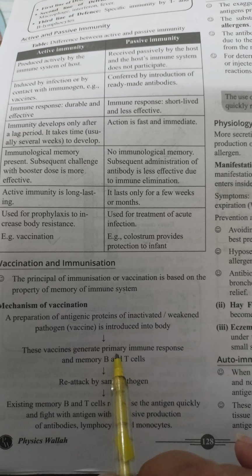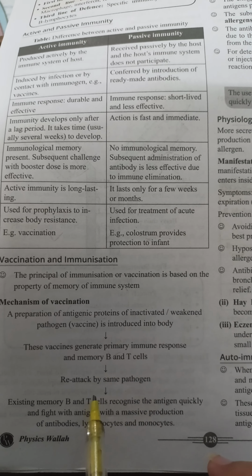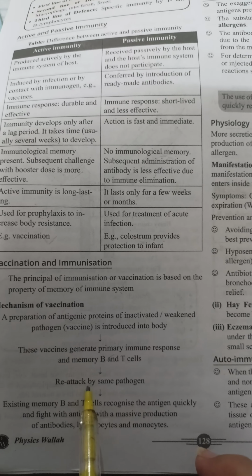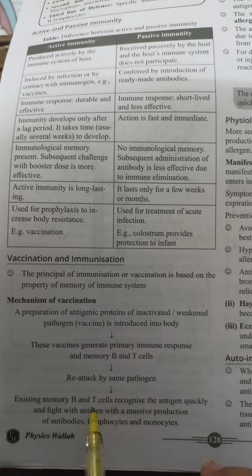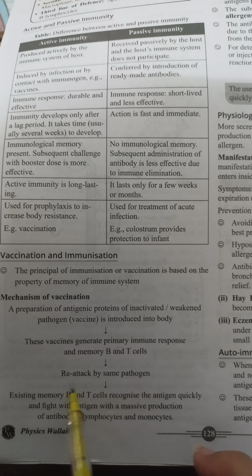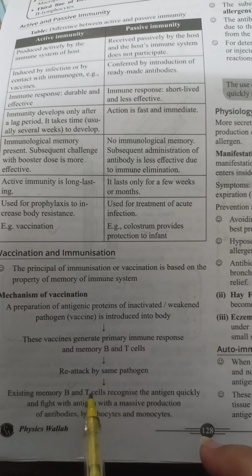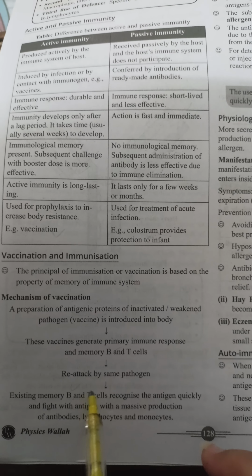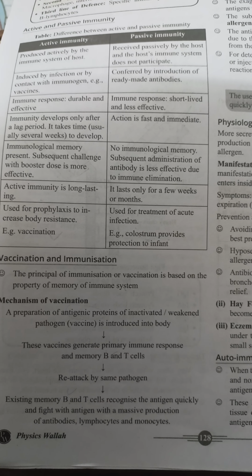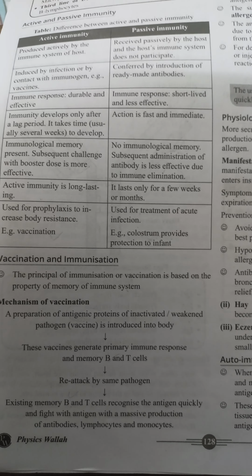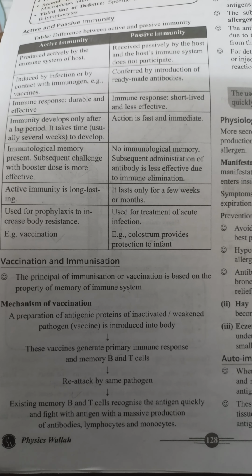So B cells will produce antibody, T cells will create memory. Now re-attack by the same pathogen or a subsequent pathogen will lead the B lymphocyte to produce antibody with the help of the T lymphocyte, which already has the memory for that one, right? So this is all about active and passive immunity.